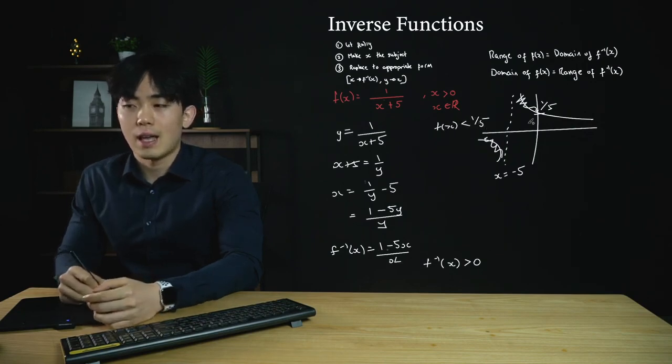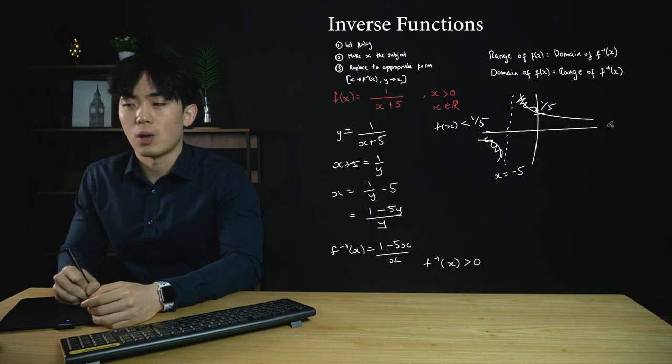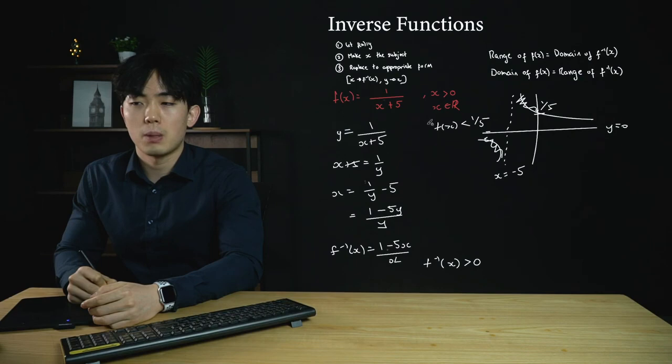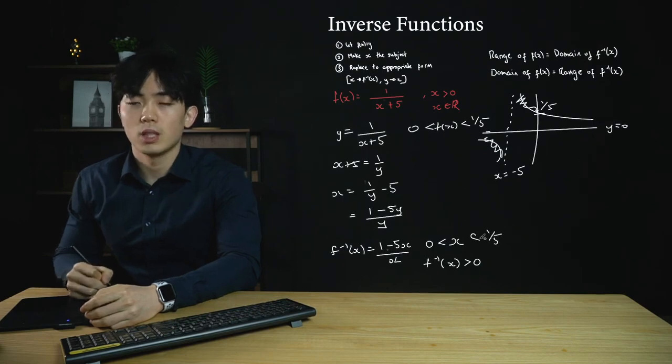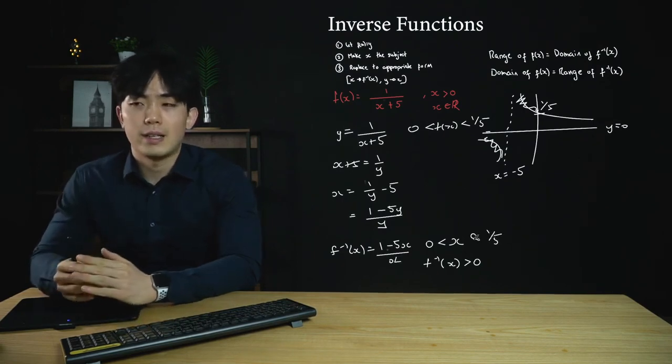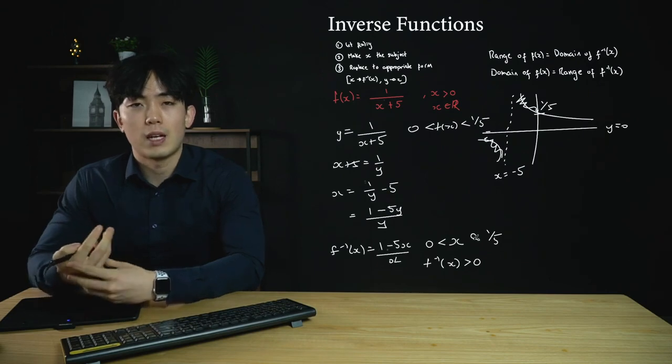However, there's also an asymptote at y is equal to 0, as it's never going to get to the negative section, so it's going to be bigger than 0. This will be your domain of the inverse function, so that means that x will be bigger than 0, but less than 1/5.